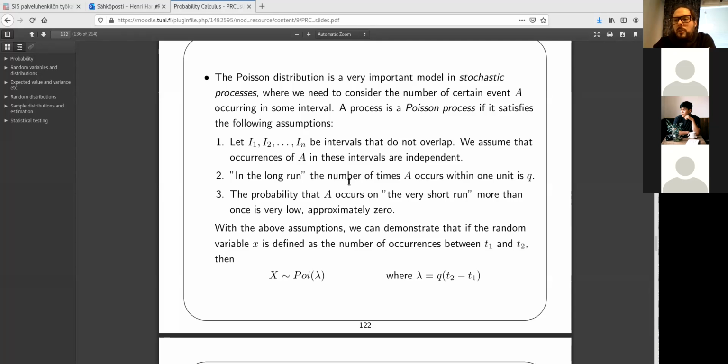For instance, if we are driving a car, a car manufacturer has to replace certain components when a car has warranty. Let's say a car has a 7-year warranty, and they probably model it as a Poisson process, the number of breakages or the number of components that you need to replace within a time unit. But it's not necessarily time, it could be kilometers.